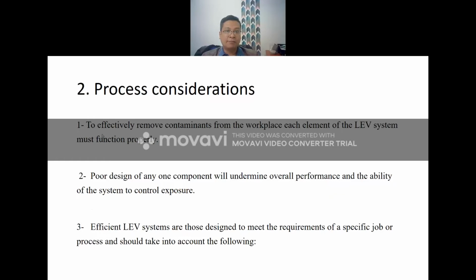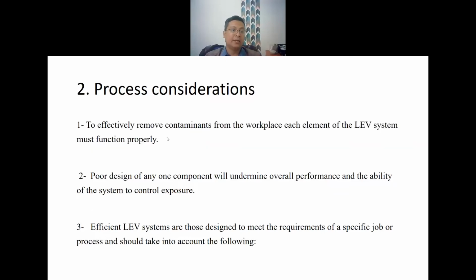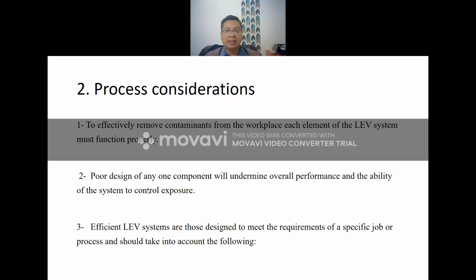To effectively remove contaminants from the workplace, each element of the LEV system must function properly. This part, we should make sure. Then, poor design of any one component will undermine our overall performance and the ability of the system to control exposure.